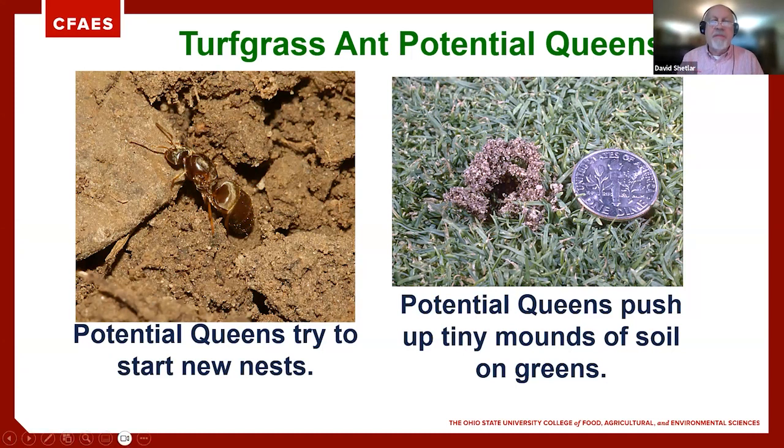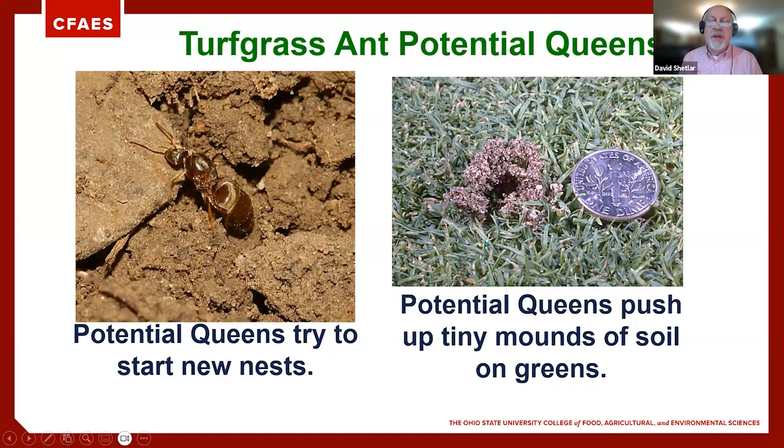After a mating flight, those potential queens will dig in, and as you can see, it's almost another soil mound about the size of the seed corn beetle soil mound. They'll dig into the turf and hang out there, and they will try to establish a colony, but most of them fail. There's other ants in the area that will attack them and say, no, this is our territory.